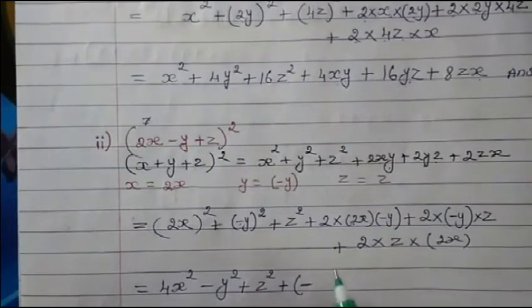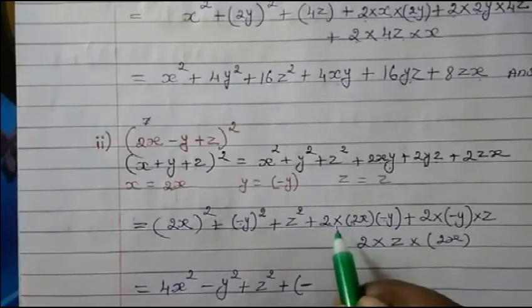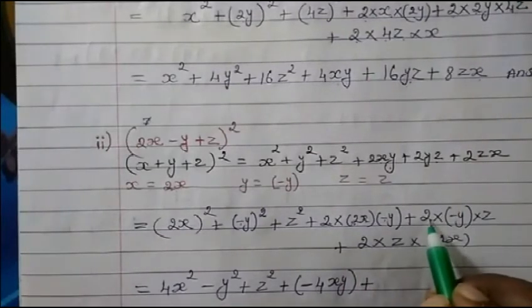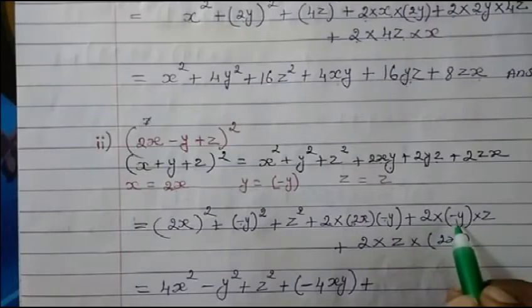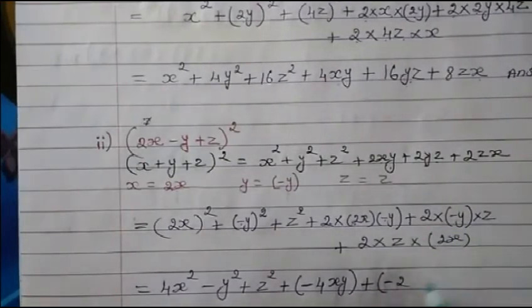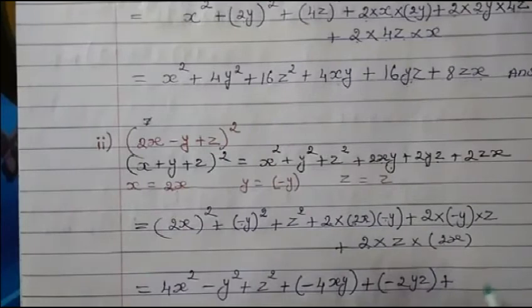It will give us minus here because here minus is there. So we'll get minus, then 2 2s are 4, then xy. Now plus, same way here also minus is there, so it will give us minus 2yz. Now plus we'll write as it is. Now 2 2s are 4, then zx.